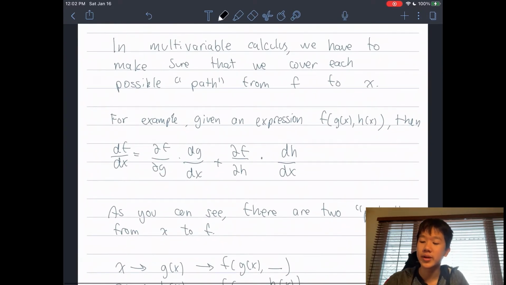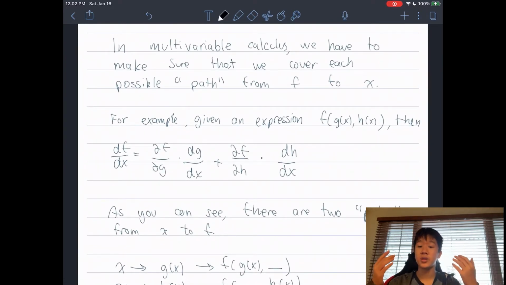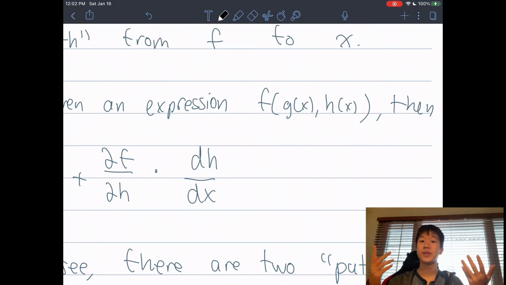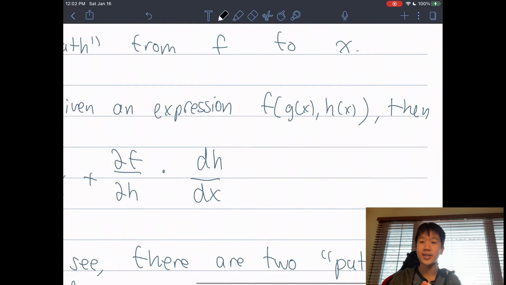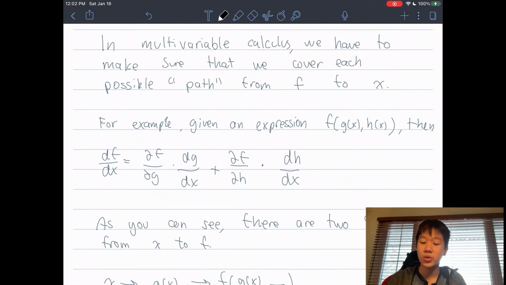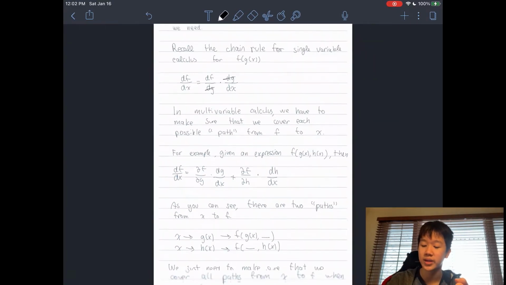And in multivariable calculus, we have to make sure that we cover each possible path from f to x when calculating the chain rule. So for example, given an expression f of g of x, h of x, that is, f is a function that accepts two inputs, g of x and h of x, then we have that df over dx is equal to del f over del g times dg over dx plus del f over del h times dh over dx.